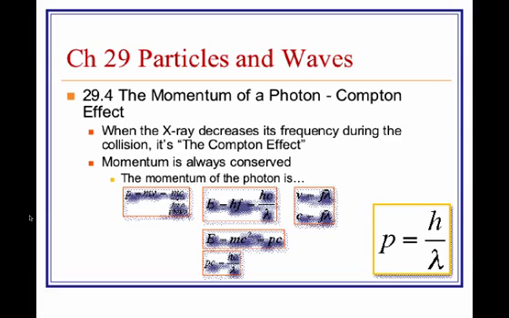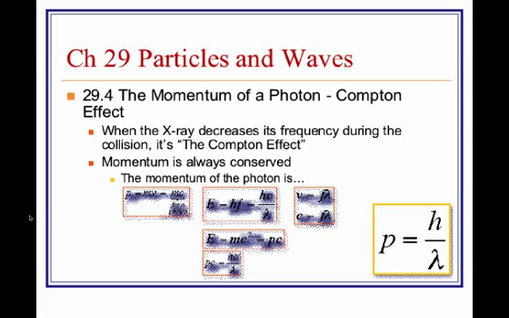We can rearrange and combine these to relate energy to the momentum of a photon, and what we end up getting is that the momentum of a photon depends on Planck's constant divided by the wavelength. So a very high energy photon has a small wavelength and a lot of momentum. This means that when a collision does occur, it has a higher probability of ejecting an electron within an atom or something like that.